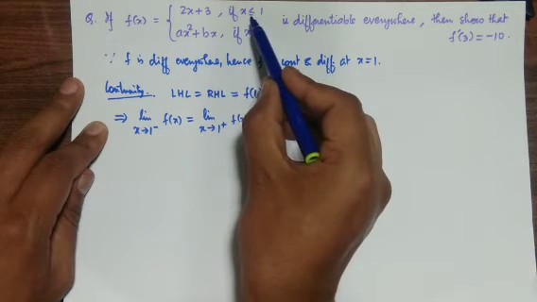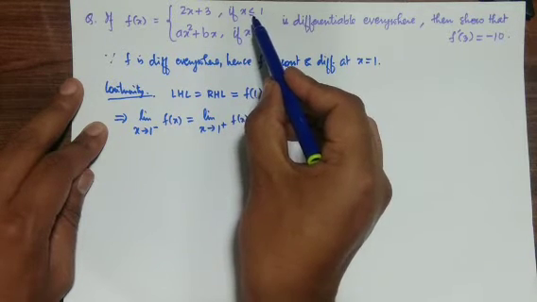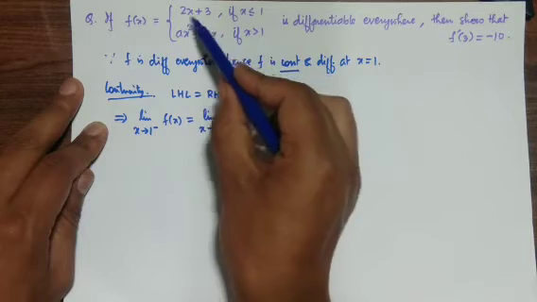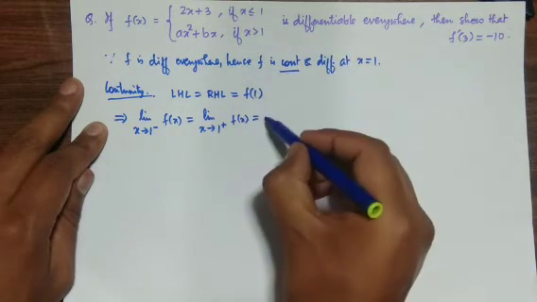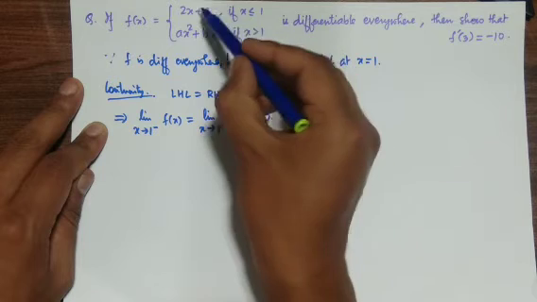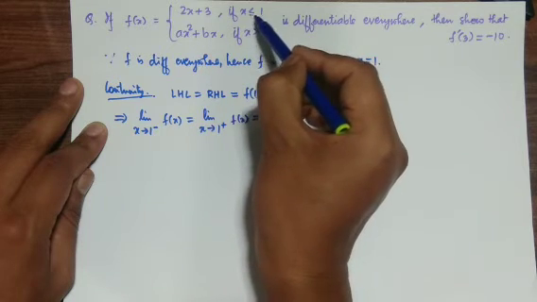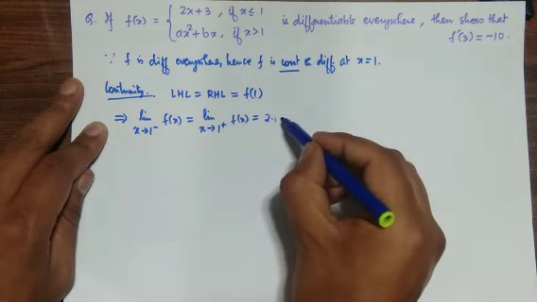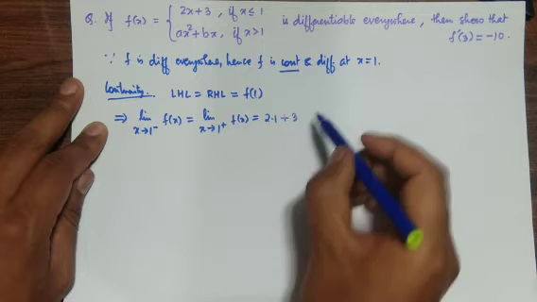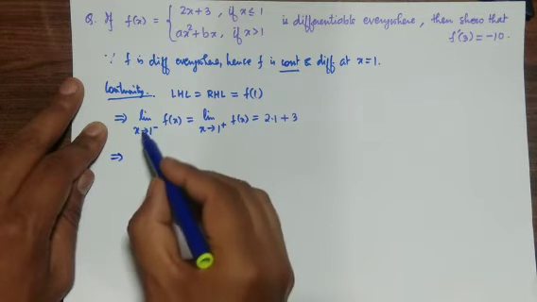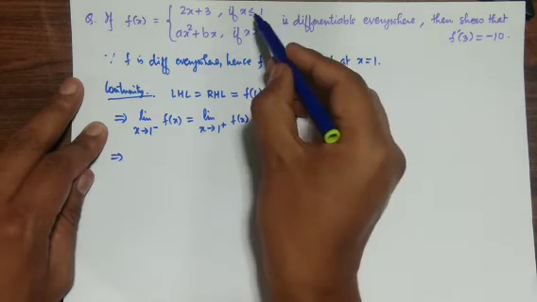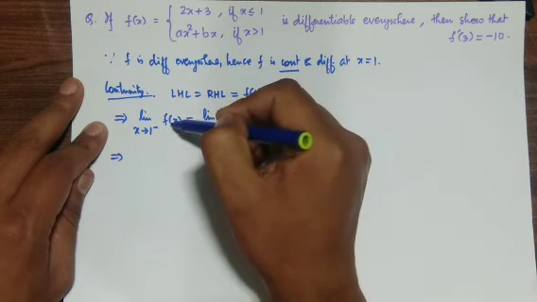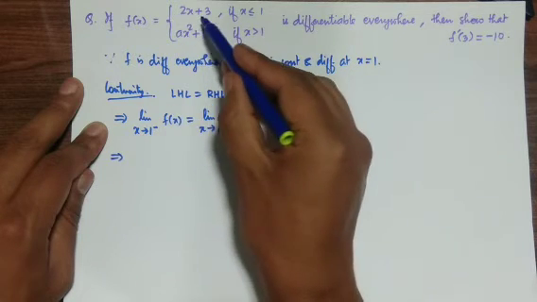So x equals 1 is here, so my function value will be this much. We have f of 1 to be 2 into x, and x is equal to 1, so 2 into 1 plus 3. Now again, this x is less than 1, so f(x) becomes 2x plus 3.